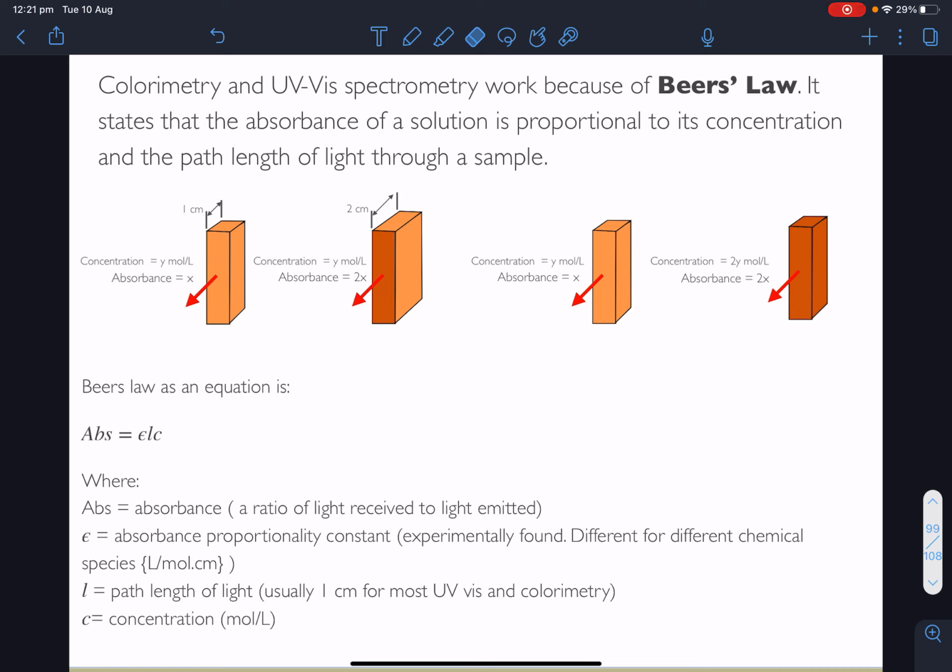If we have a 1 centimeter cuvette with a certain orange compound in there, and let's say we had a cuvette that was double the length, 2 centimeters long, what we'd notice is there'd be double the absorption, because the path length is double. I've tried to represent that by a deeper color of orange there, showing that more light is being absorbed through there. So we'd see that as a deeper color.